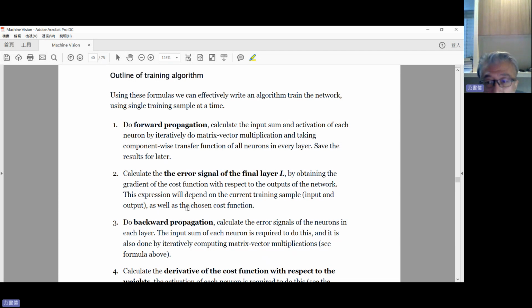partial error, partial output. This expression will depend on the current training sample, input and output, as well as the chosen cost function.